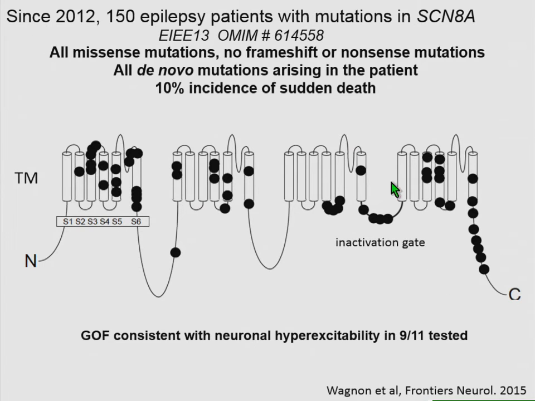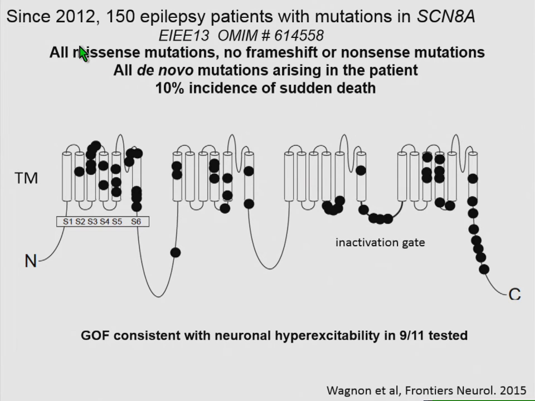And since 2012, when we published that paper, there have been 150 patients identified with mutations in SCN8A. And the phenotype is a very severe early infantile epileptic encephalopathy, which has onset within the first year of life, very often even prenatally, with uncontrollable seizures.